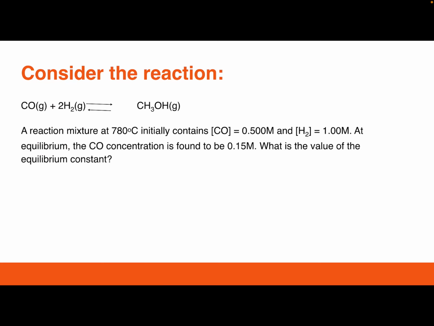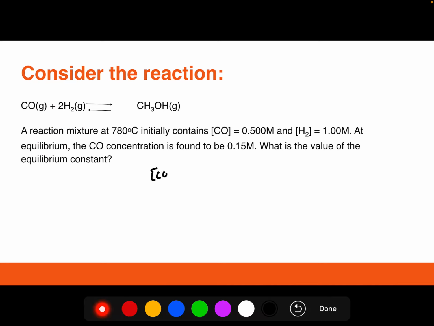Now look at this. It does not give you the concentration of the methanol. So in this case, if it doesn't do that, just assume it to be 0. So I'm going to go ahead and make my ICE table. I have my carbon monoxide, and I have my hydrogen, and then I have my methanol.